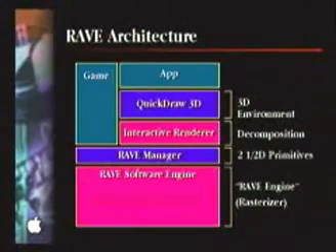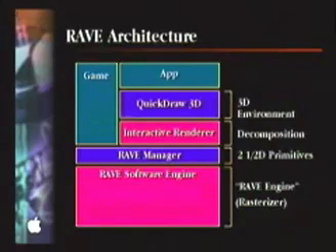This gives you an idea of what the Rave architecture is in a larger sense. If you look on the right, ignoring the game box there for a moment, an application typically would talk to QuickDraw 3D's API, which handles cameras, lights, transforms, that kind of thing. The interactive renderer then takes this information and culls and clips and computes the vertex shading on the triangles or whatever primitive you have.